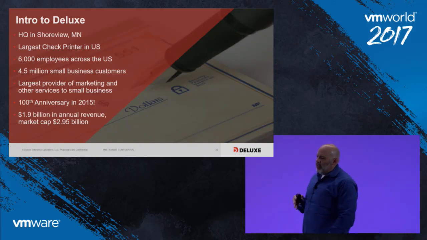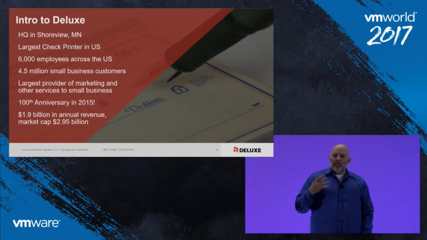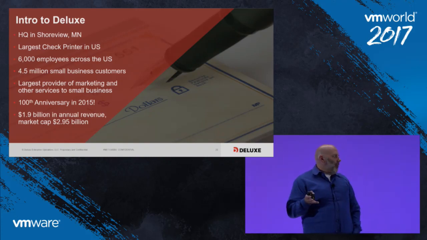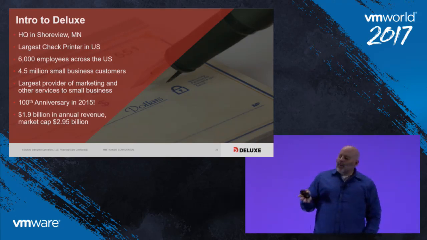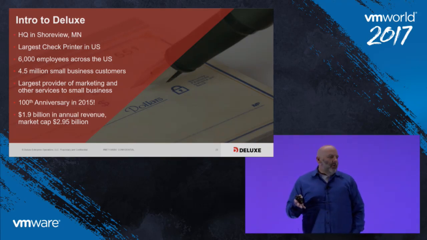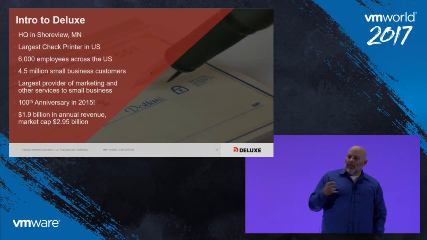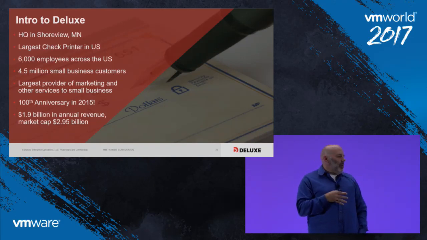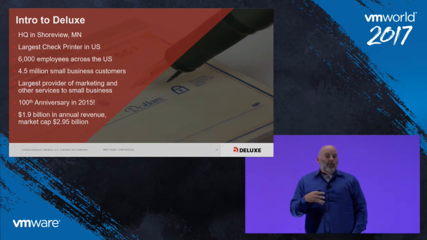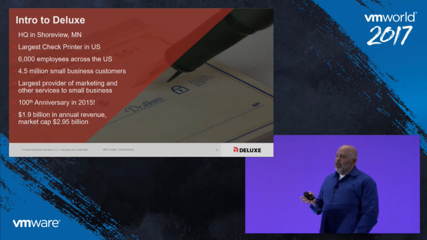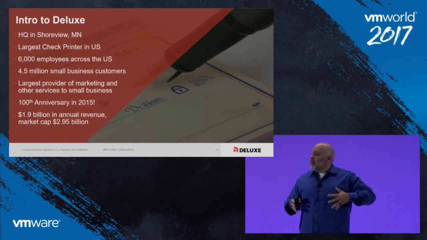If anybody saw the movie Catch Me If You Can, from Steven Spielberg, with Leonardo DiCaprio and Tom Hanks, the guy that Leonardo DiCaprio played, the check forger, a lot of the things that he did, he actually consulted with Deluxe back in the 70s, working with the FBI to help create a lot of the anti-fraud technology that are in checks. And so Deluxe is a big innovator in checks.